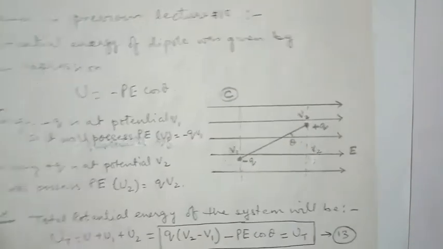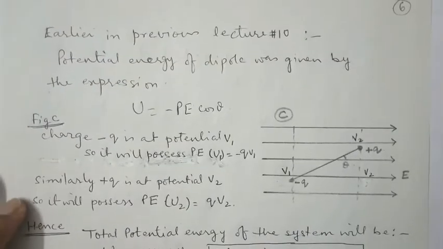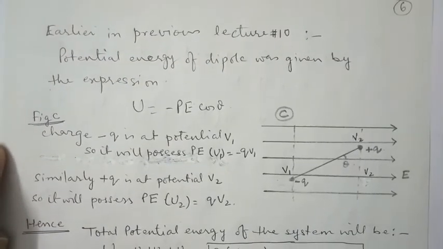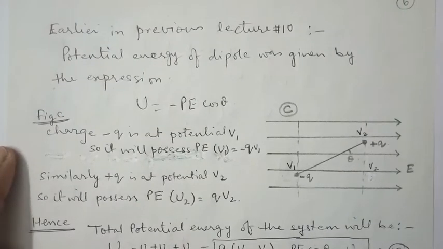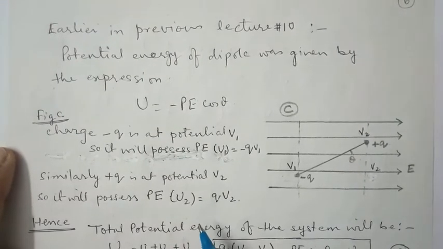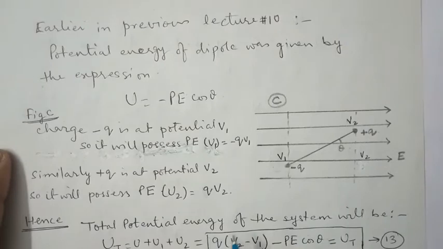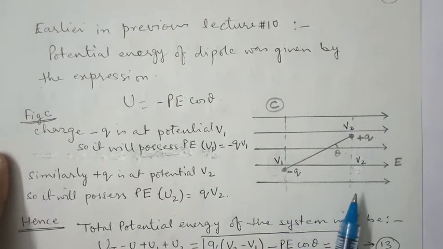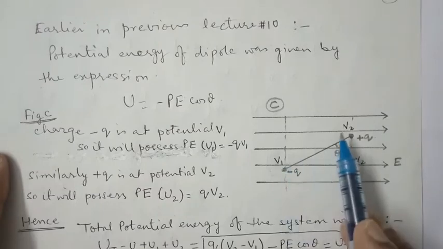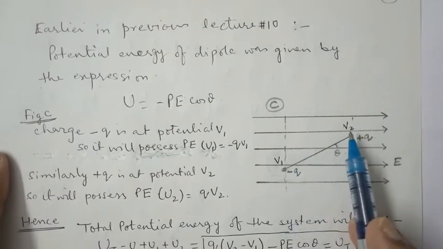Now, in my previous lecture, number 10, we discussed the potential energy of a dipole placed in an external uniform field. This is the uniform field, we have studied it, parallel lines. And this was a general case of putting the dipole, minus q, plus q over here.